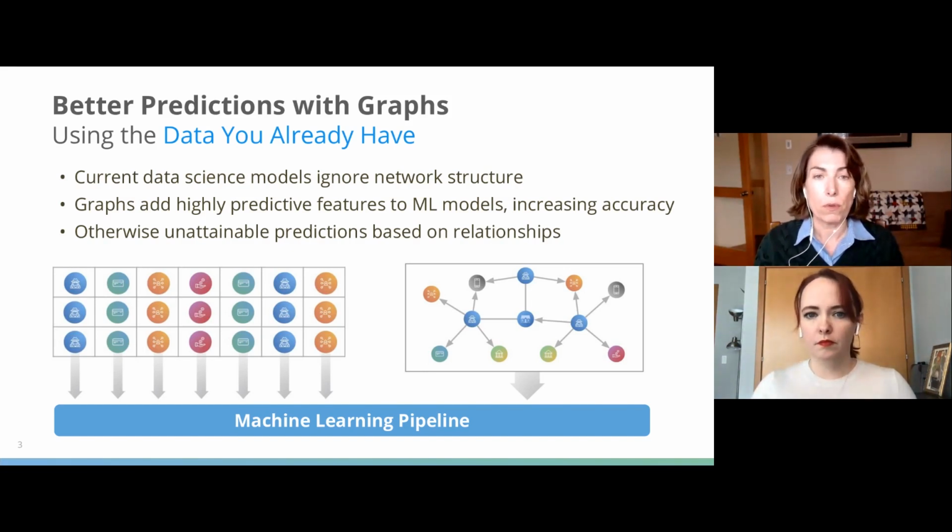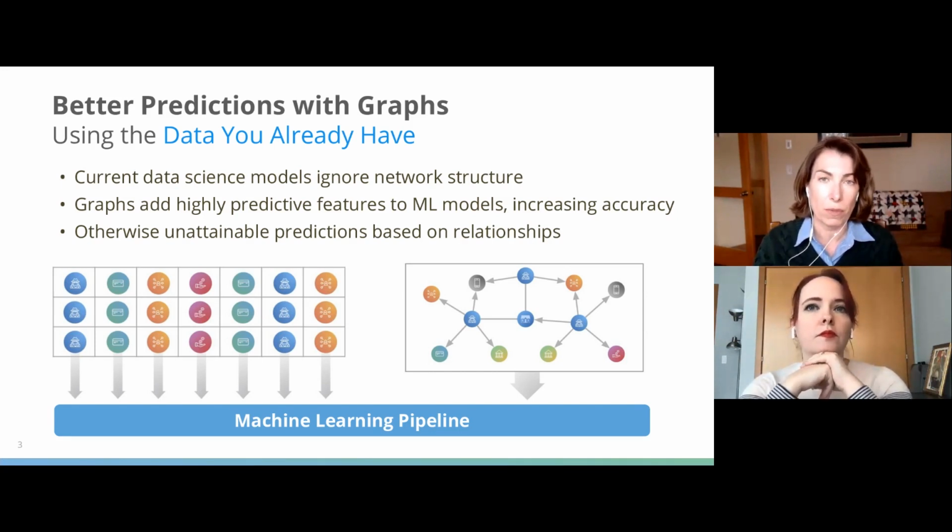But we know relationships are very predictive. They're very predictive of features. They're very predictive of behavior, and they can increase your overall accuracy. We definitely see this when you combine graphy features and non-graphy features. We see predictive accuracy increase. We see a reduction in false positives. And some of these predictions, or some of these understandings, you actually can't attain without using graphs themselves.